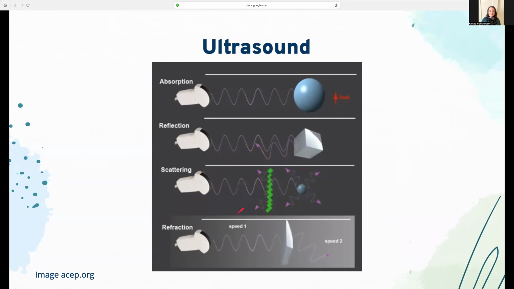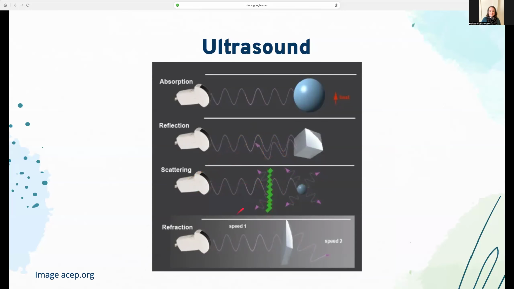Or we have that refraction where the wave is still traveling through the material, but the speed is different between those two things. So you send the waves into the body and then detect the signal that is sent back after it's reflected or refracted or absorbed, which then you wouldn't actually get a wave back in that case. And it just shows you different materials inside the body.